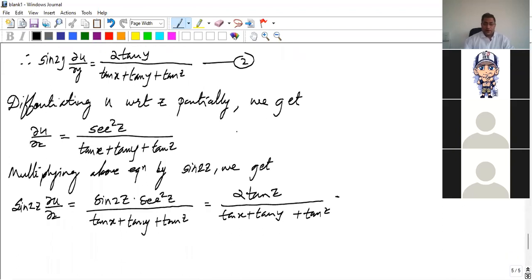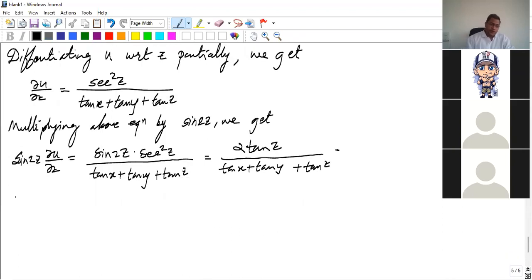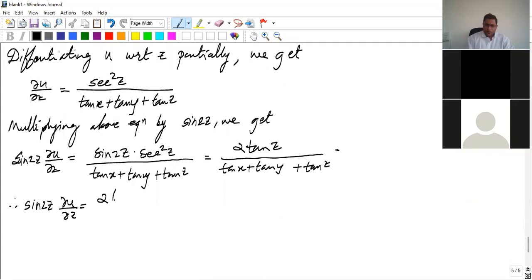So you can write this as equation 3: sin 2z ∂w/∂z = 2 tan z upon tan x + tan y + tan z.